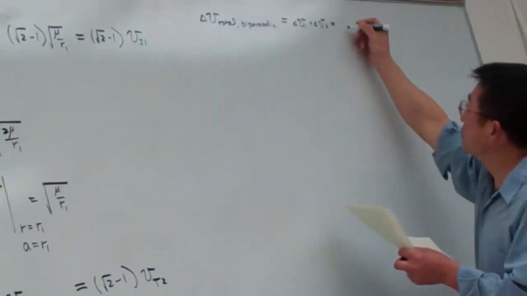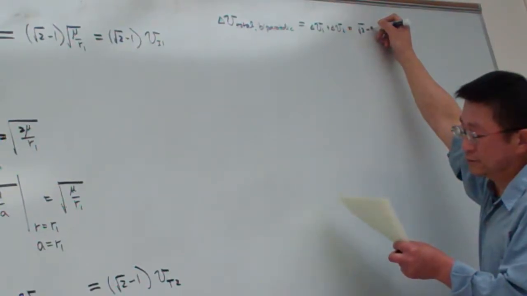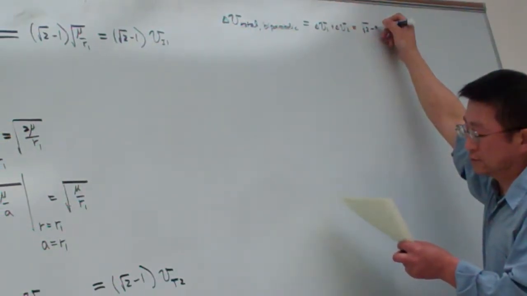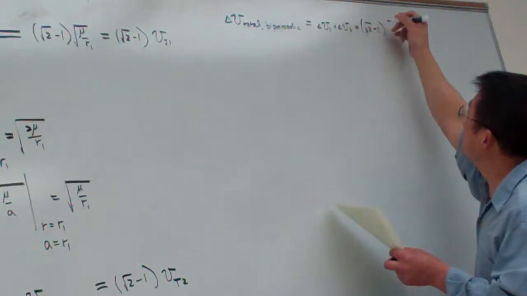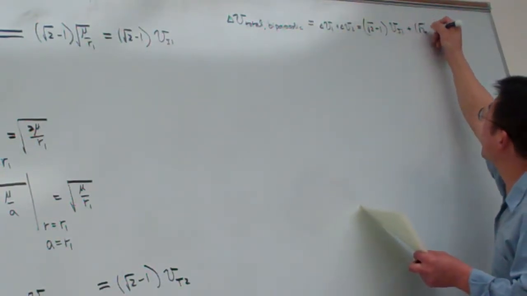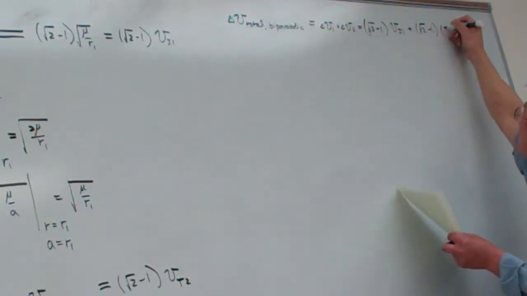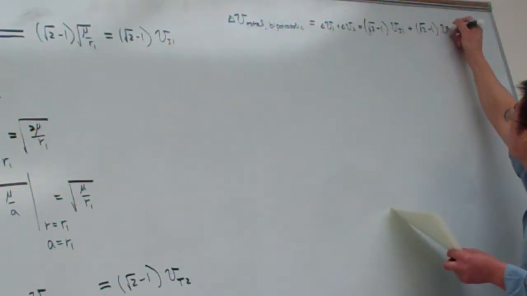So that is equal to the square root of 2 minus 1 times VI1 plus the square root of 2 minus 1 times VT2.